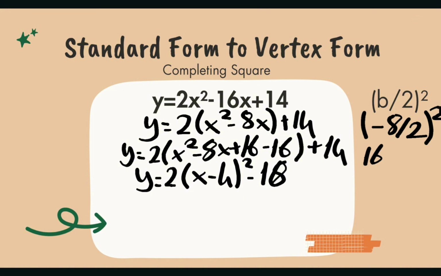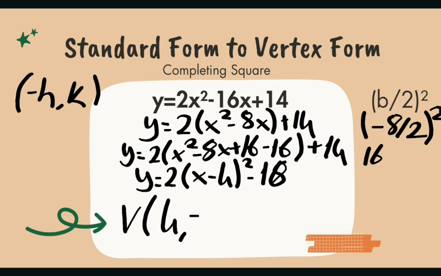And it is our vertex form. Let's find the vertex too. Vertex (h, k). So our vertex will be (4, minus 18).